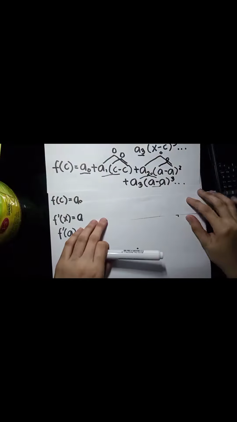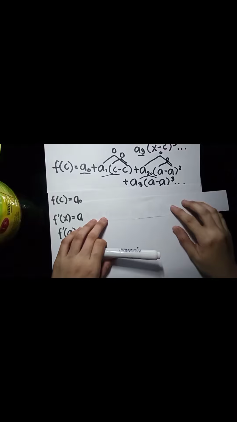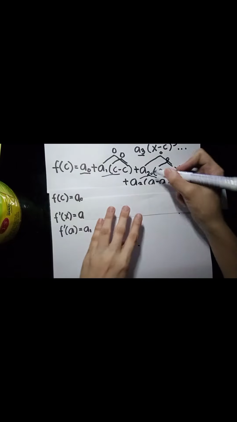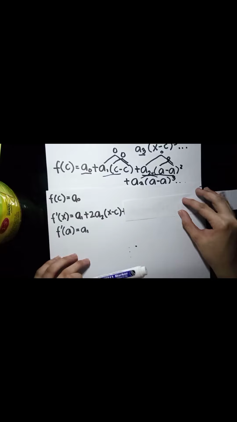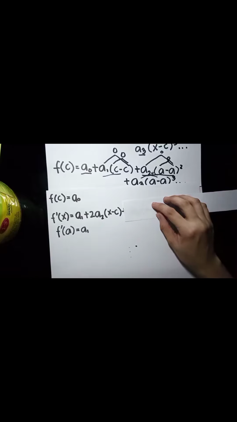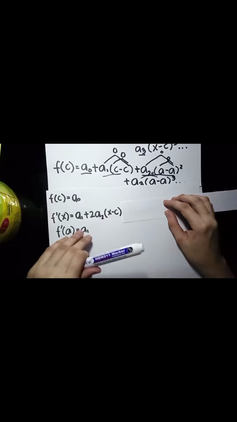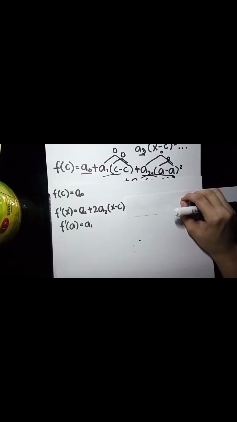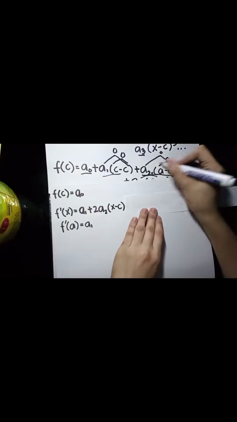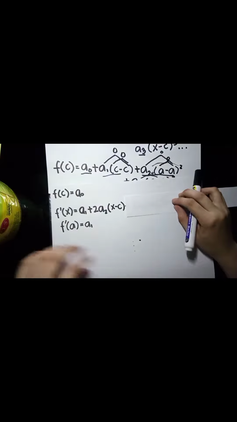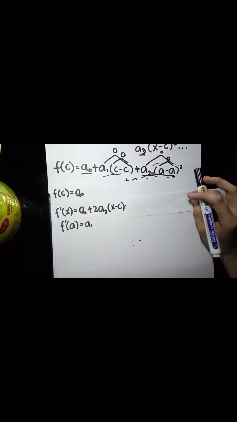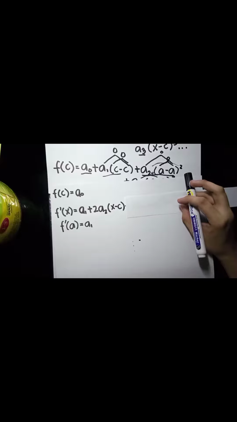For the other terms, we will use the chain rule, starting with a sub 2. 2 comes down, leaving an exponent of 1, and then we multiply by the derivative of what's inside, which will just be 1.